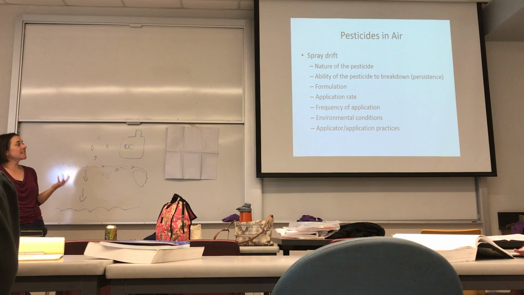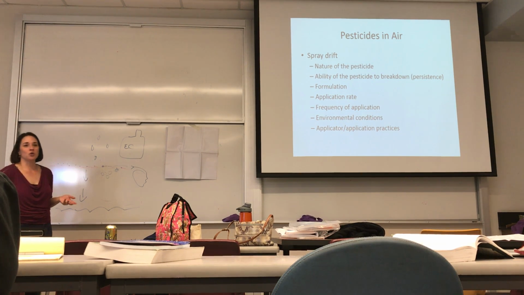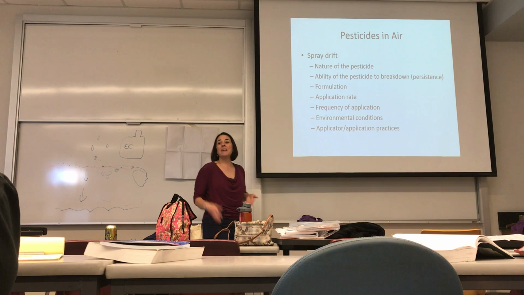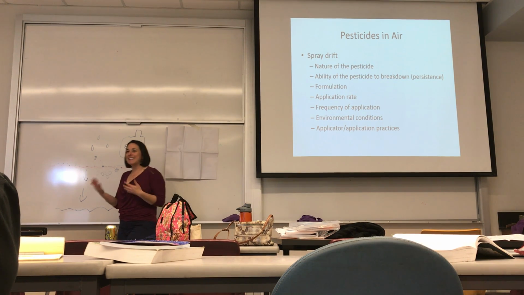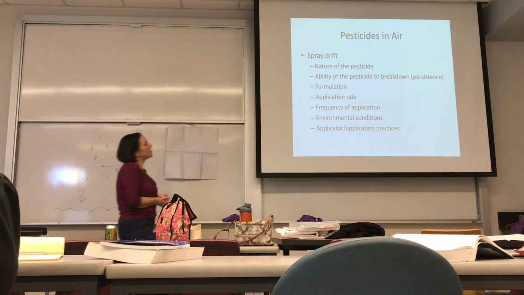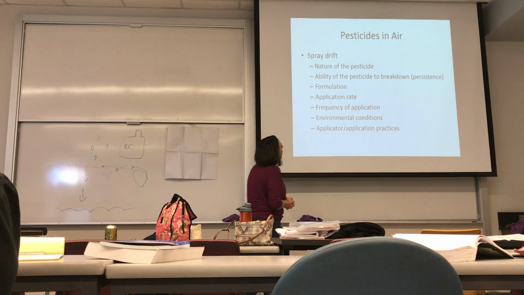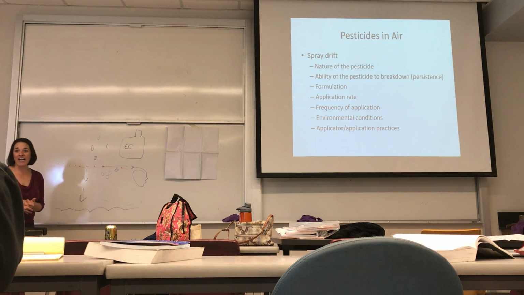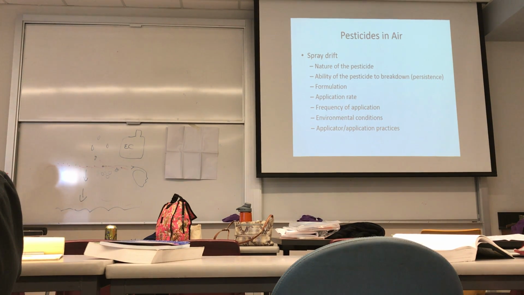So this is the list of things that I told you: environmental contamination with pesticides is dependent on these factors, but not every factor impacts every type of contamination. So the nature of the pesticide, right? If you've got a pesticide that is not very volatile, that doesn't have the appropriate vapor pressure for volatilization, then it's probably not going to volatilize.